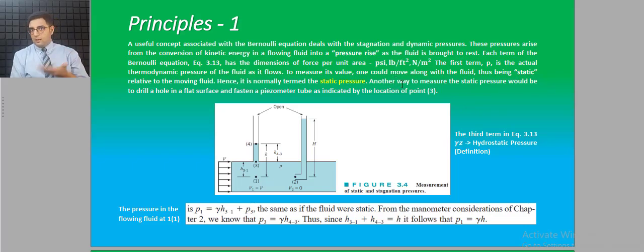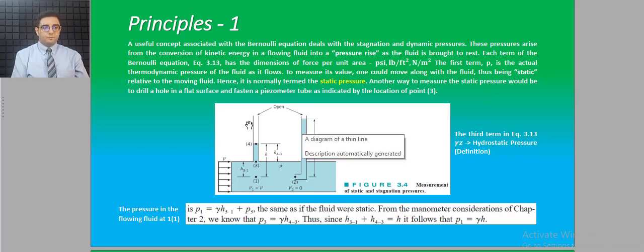As I told you, we can calculate it from the thermodynamic relations. However, there is another method to find the static pressure, which is drilling a hole in a flat surface and fastening a piezometer tube.